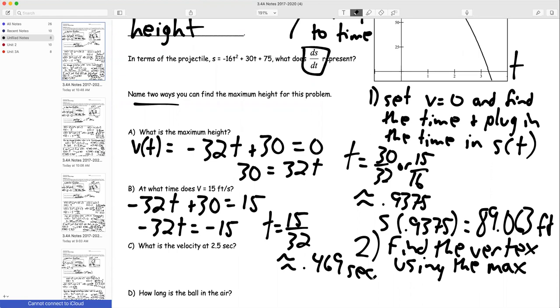Part C. What is the velocity at 2.5 seconds? So I want to find v of 2.5. I'm going to plug 2.5 into my velocity equation. Negative 32 times 2.5 plus 30.